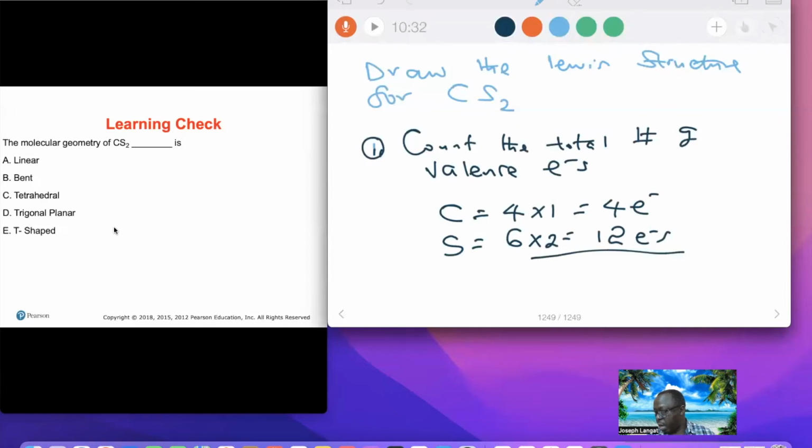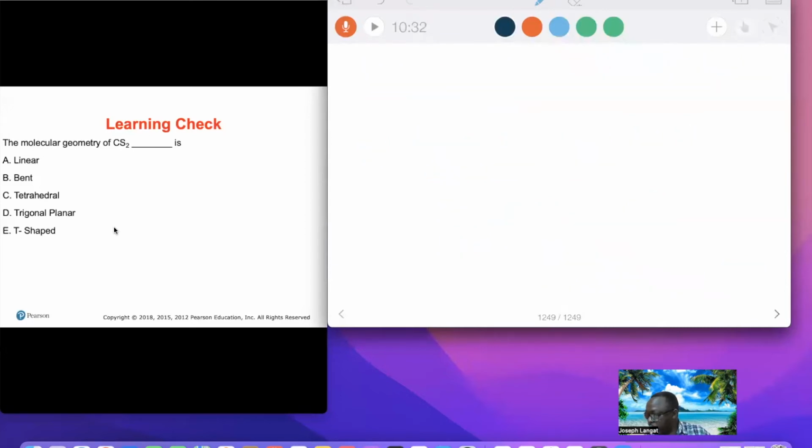So this will give us 16 valence electrons. Once we know the total number of valence electrons, rule number 2 in drawing the Lewis structure is to draw the skeleton.